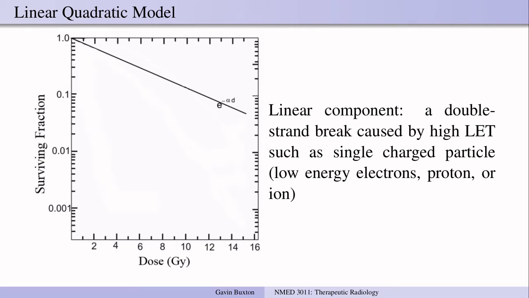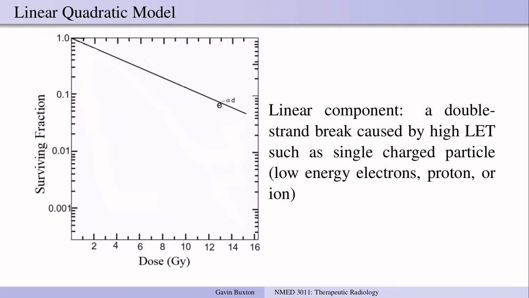But even with conventional radiotherapy, we radiate the patient with high energy photons, which are low LET, that produce high energy electrons, which are also low LET because they travel further between interactions. But these high energy electrons slow down to lower energy electrons, and low energy electrons are high LET particles.